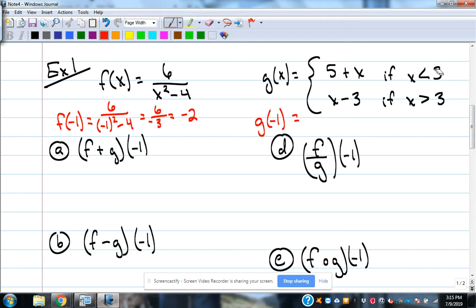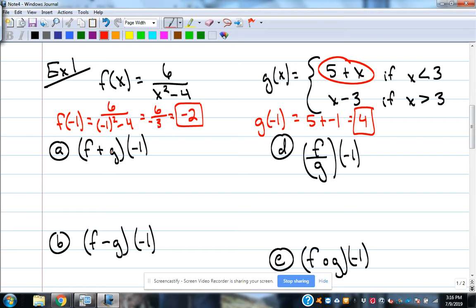Is -1 less than 3? Absolutely. So we are going to use the top piece to find that value. So 5 plus -1, which would be 4. So we're using the y values, -2 for f of -1 and 4 for g of -1.